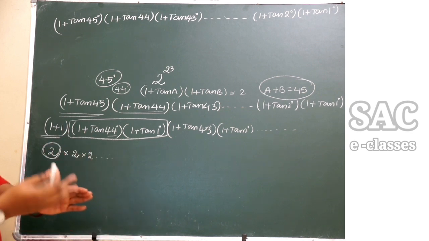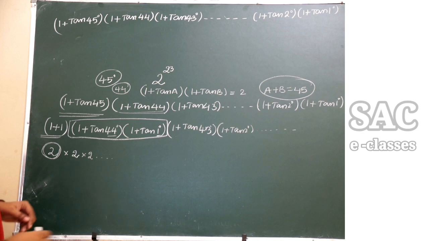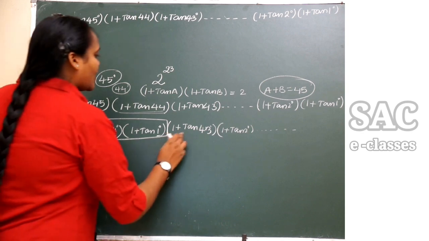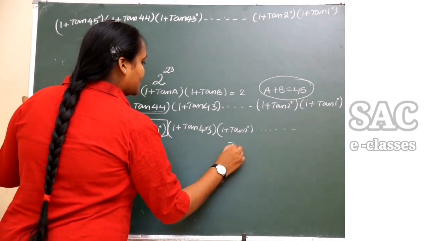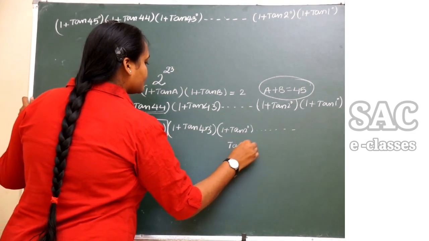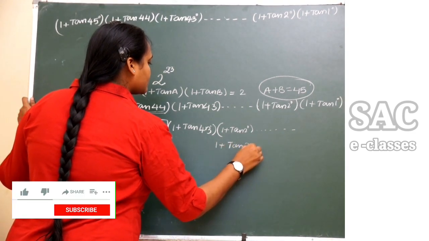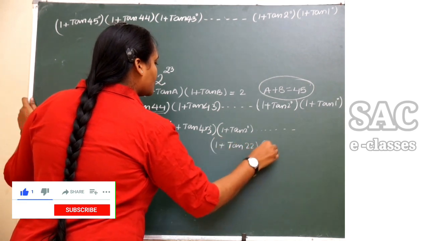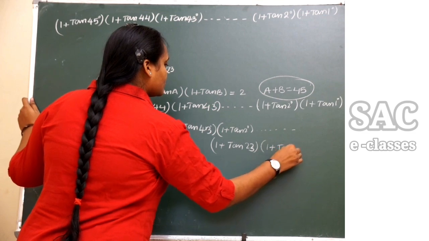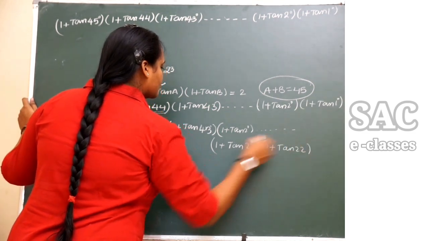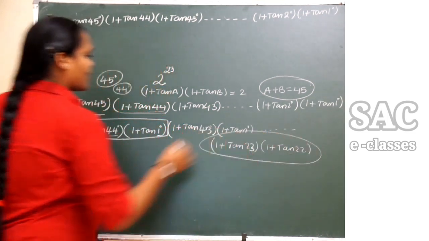I am adding the two angles and getting 45 each time. Like that, 1 plus tan 43, 1 plus tan 42, and so on, it definitely ends with the last pair of factors.